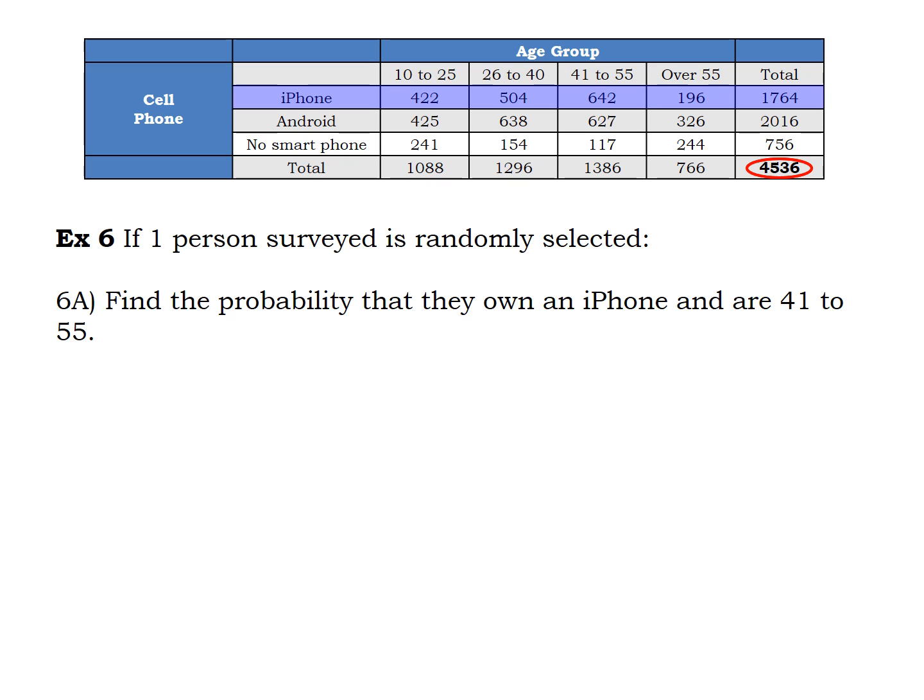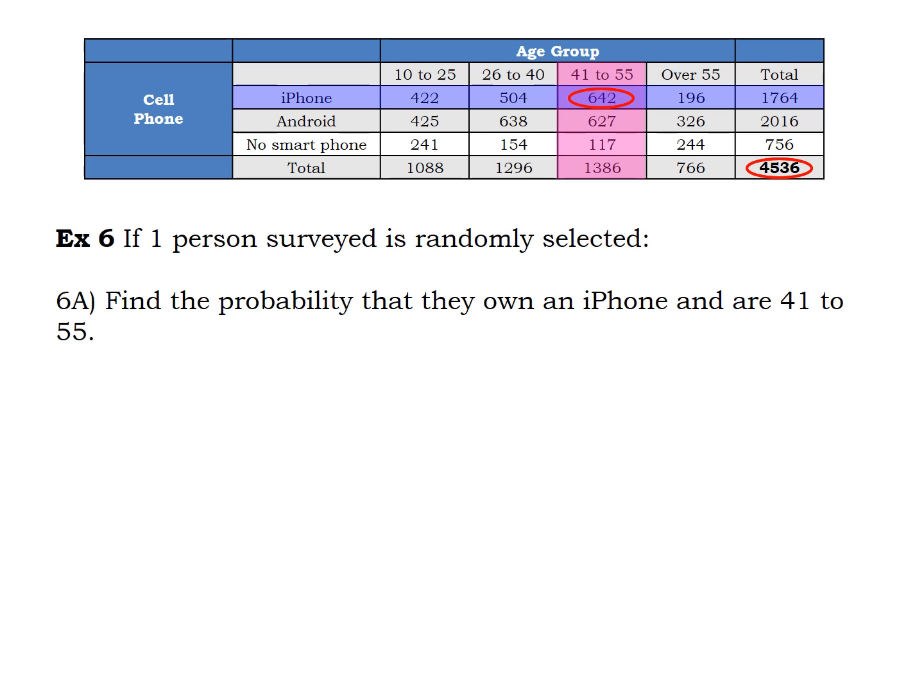Now, out of those, we need someone who owns an iPhone, so it'd have to be someone here in the first row. Okay? And they need to be in the 41 to 55 age group, so they'd have to be in this third column. So we have exactly 642 people that both own an iPhone and are in the 41 to 55 range. So the probability we're looking for, well, our denominator, how many are there to choose from? 4,536.